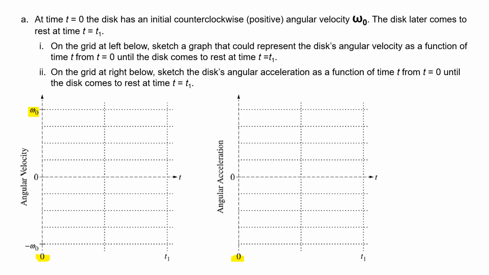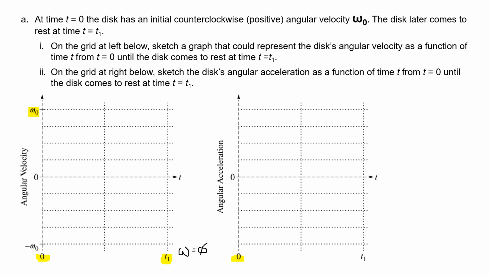Rest means it's not moving anymore, so it stopped moving after t sub 1. This means that omega is equal to 0 when t equals t sub 1.